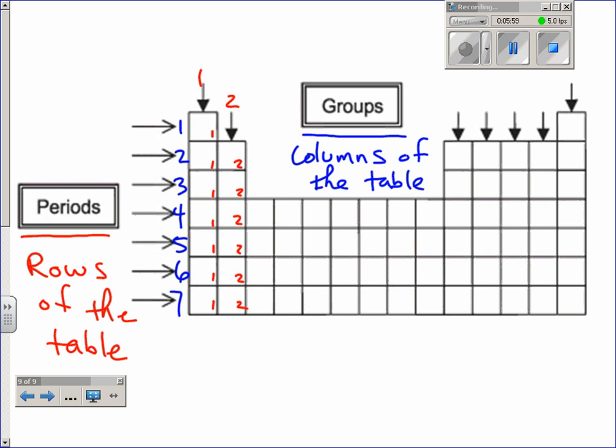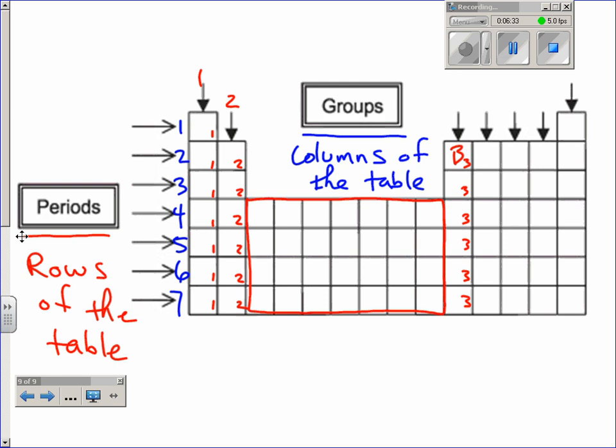That's the same as you jump across the transition area. As you jump across the transition area to the far right side of the table, those group numbers continue to increase, but each of those columns, beginning with boron here, has a 3 as its last electron number as you head down with the group.